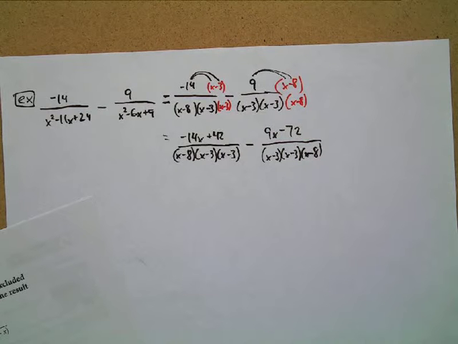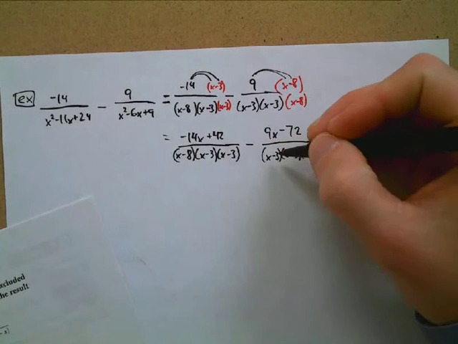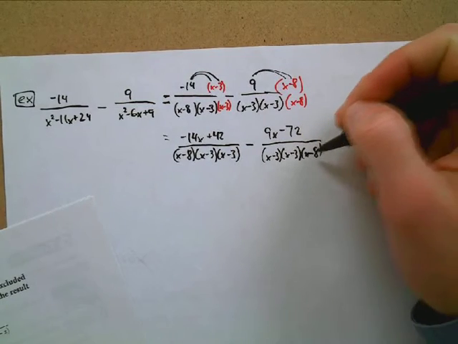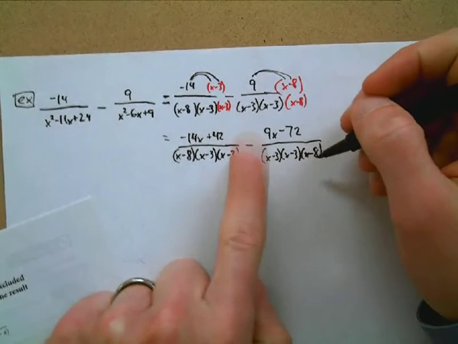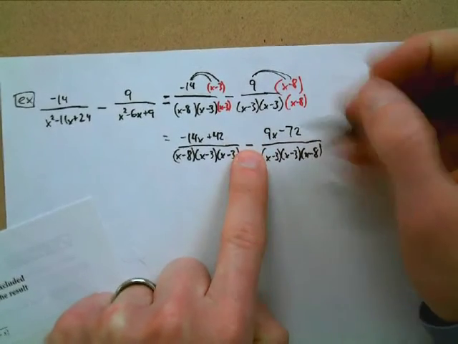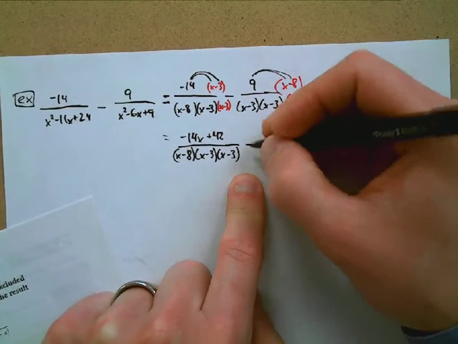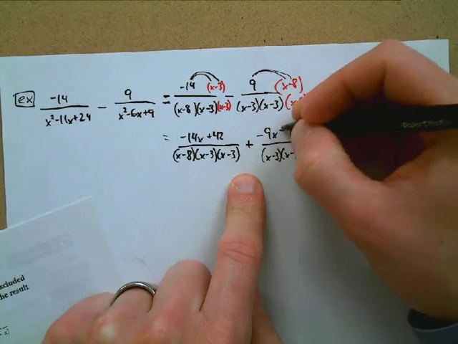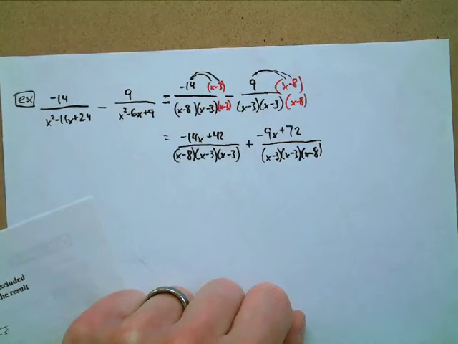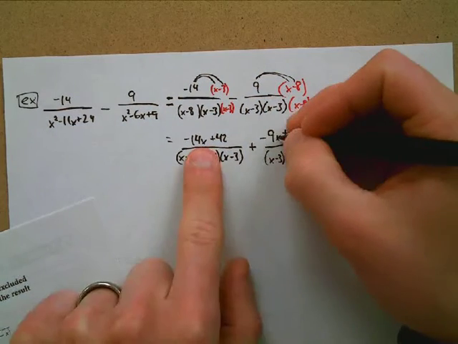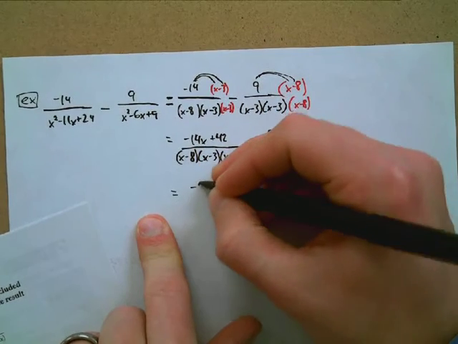Do we have common denominators now? Yes. X minus 8 times x minus 3 times x minus 3 is the same as x minus 3 times x minus 3 times x minus 8. So now we're going to subtract. This subtraction is really subtracting the entire quantity up here, so I'm going to change it to add the opposites, which makes it a little bit easier. So negative 14 and negative 9 makes negative 23x.